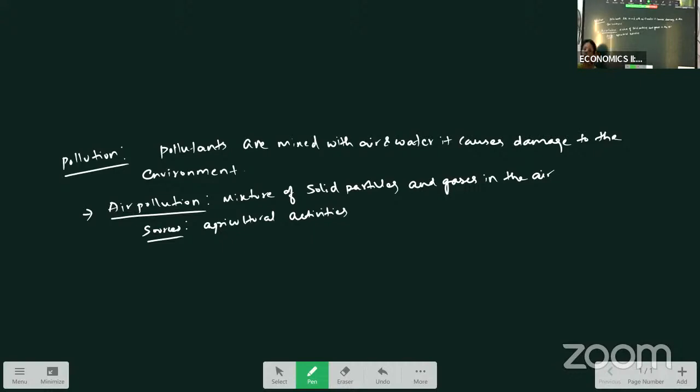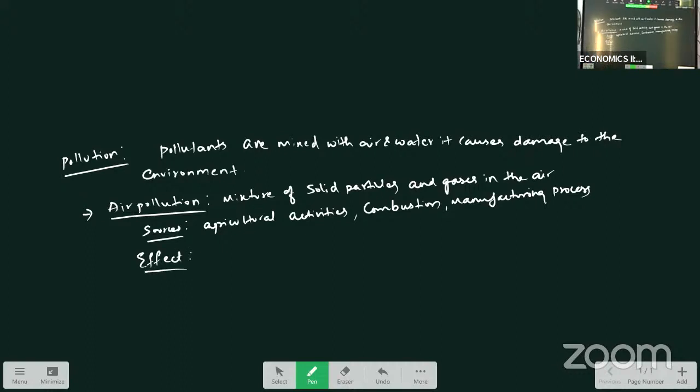So that all will release certain gases, and the agriculture waste which we release in the environment will cause pollution. Combustion, manufacturing process, these are the sources of air pollution here.